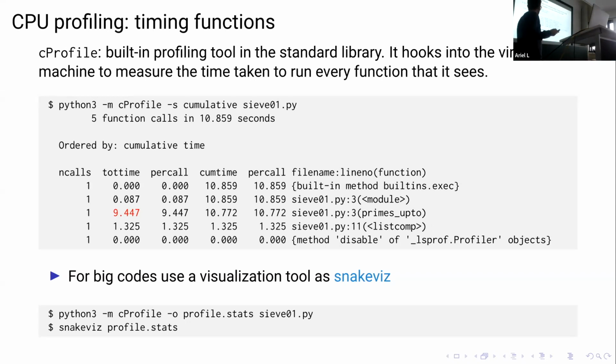So then, if you have your own codes, which for sure will do more than just calling a single function, you will get a nice graphical representation of the time being spent on all your different functions.